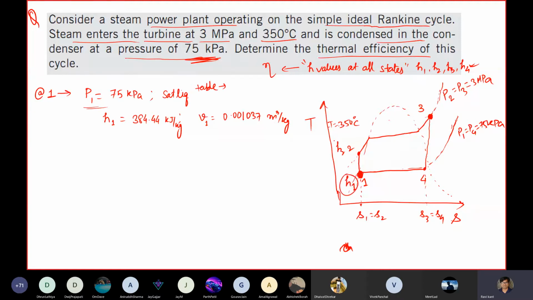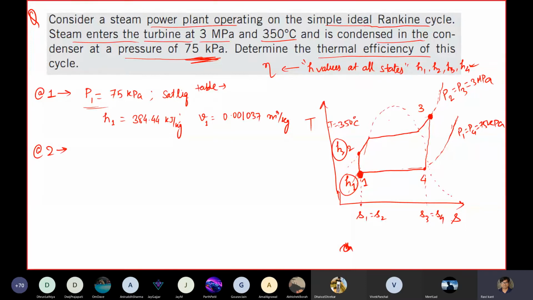Now let's find out H2. What is my H2? We need to find it out at a pressure of 3 megapascal. Yes, we can do that.